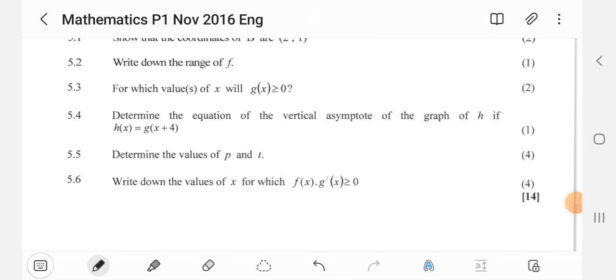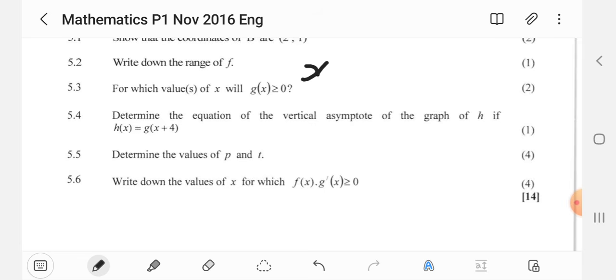5.3, for which values of x is g at x greater than or equal to 0? When is x greater than or equal to 0, guys?